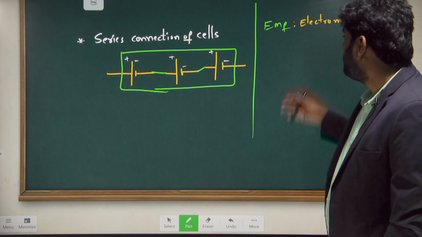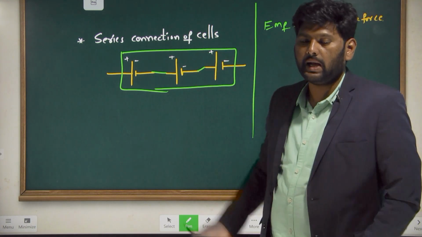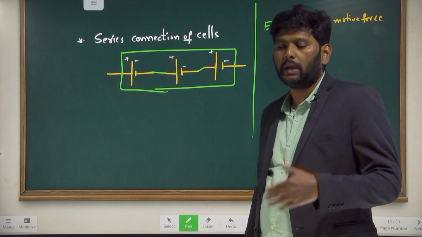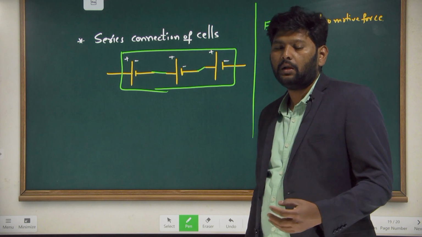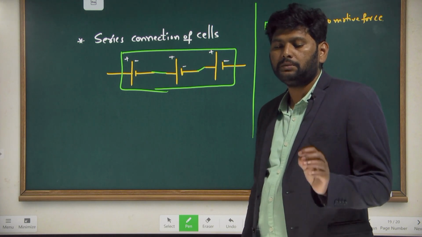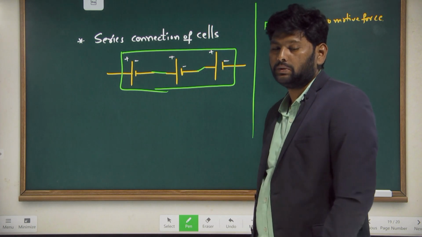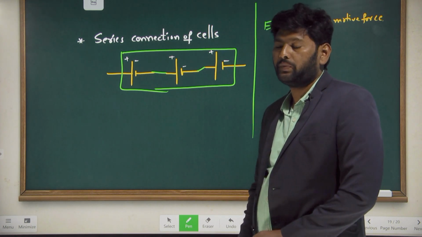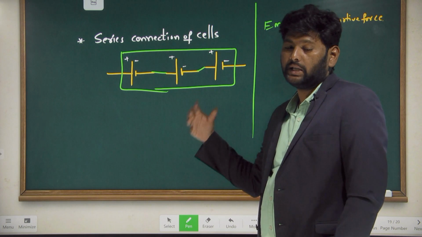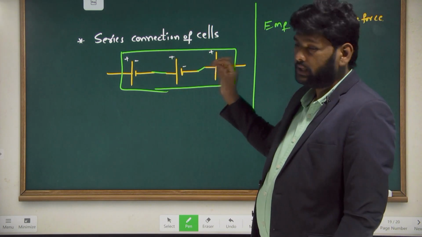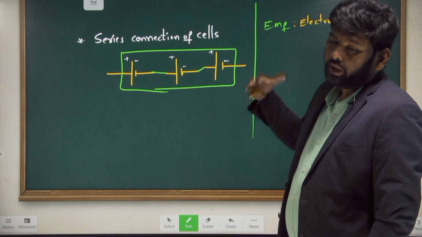Understand? So every single cell has an EMF, which means every single cell has the capability to move the charge from one position to another position. When you group these cells in a series, you will get more EMF.